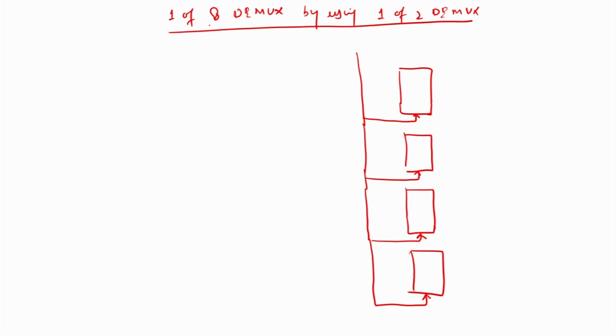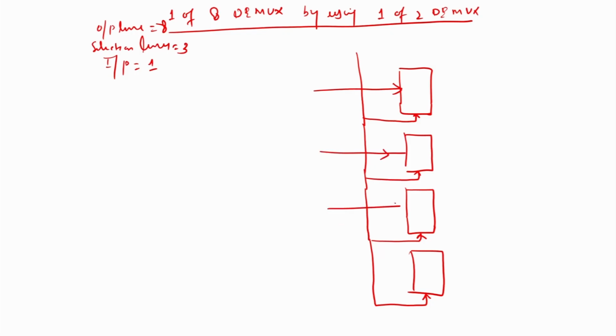In case of a 1 of 8 demultiplexer, there are 3 selection lines, 8 output lines, and input lines is 1. Here this is the input line, this is also the input line of this demultiplexer, and this is the input line of this.